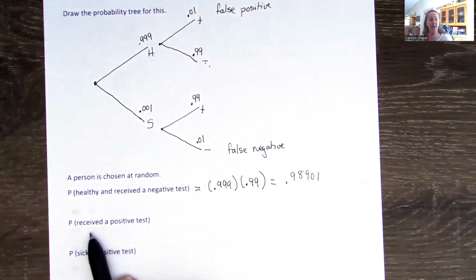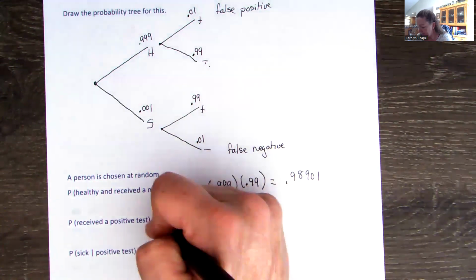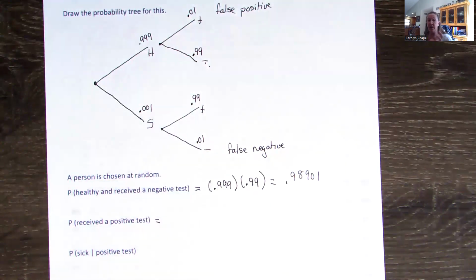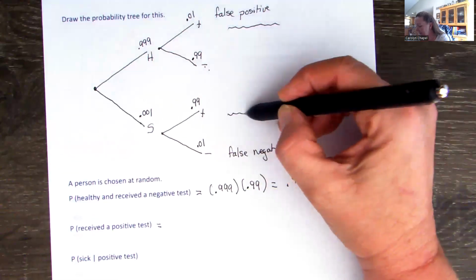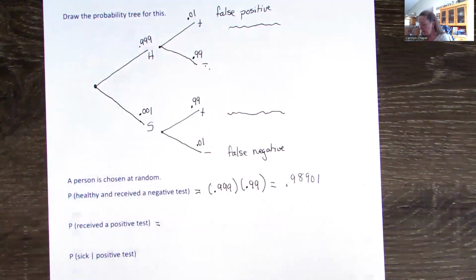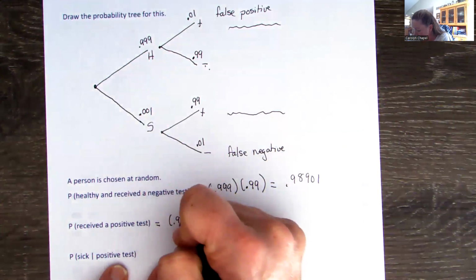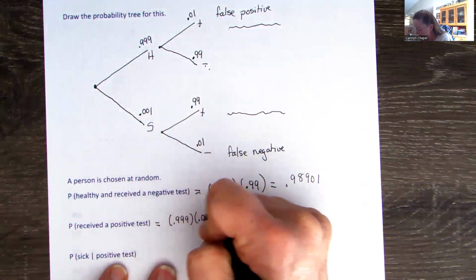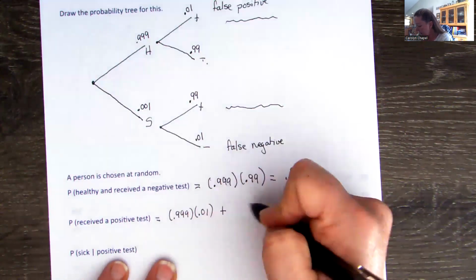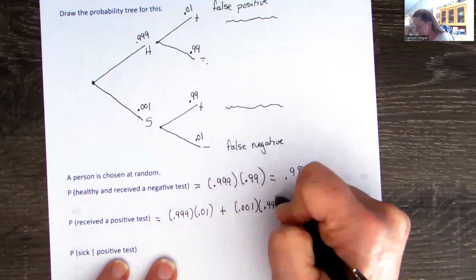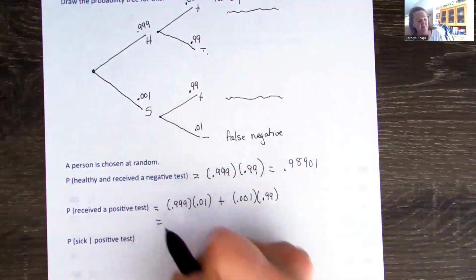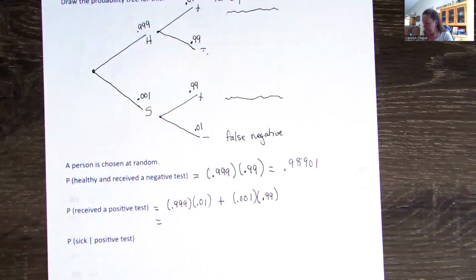All right, let's calculate the probability that we received a positive test. So in other words, the test came back positive, regardless of being healthy or sick. So the positive tests are up here and down here. So we have two branches. We have our healthy positive people, or we have our sick and positive people. So I'm going to do some calculations here. 0.999 times 0.01.